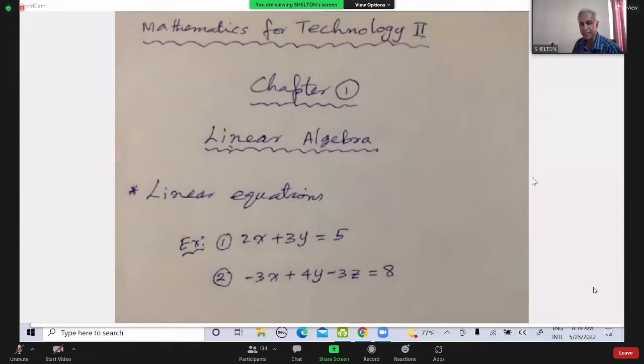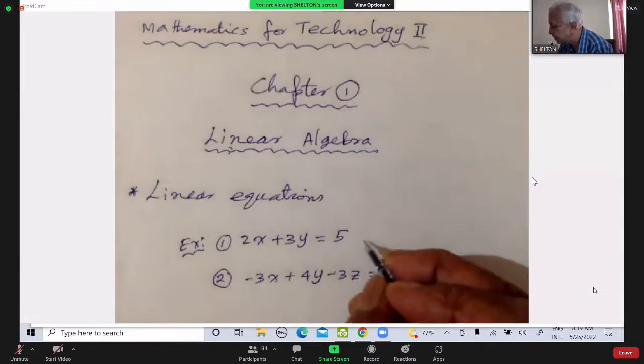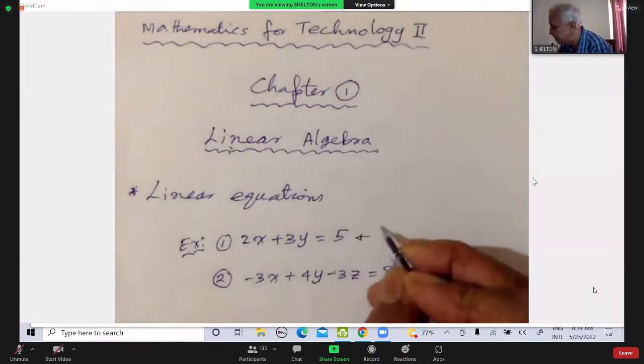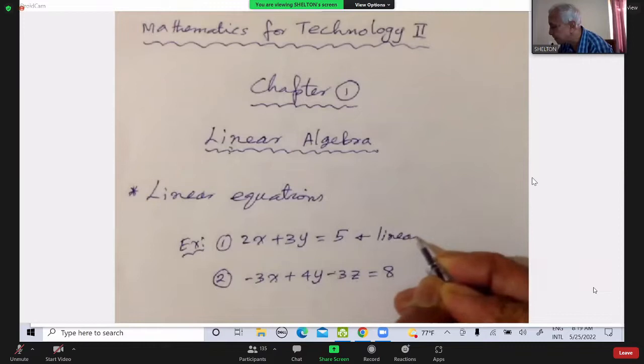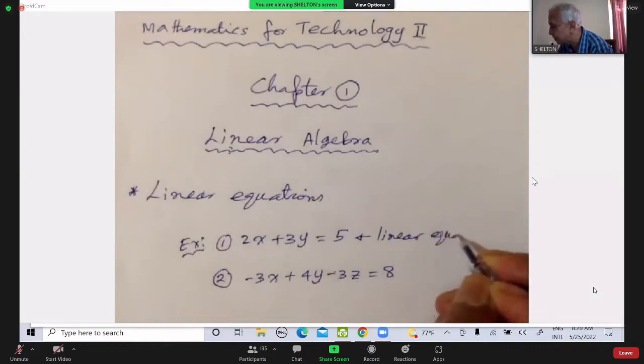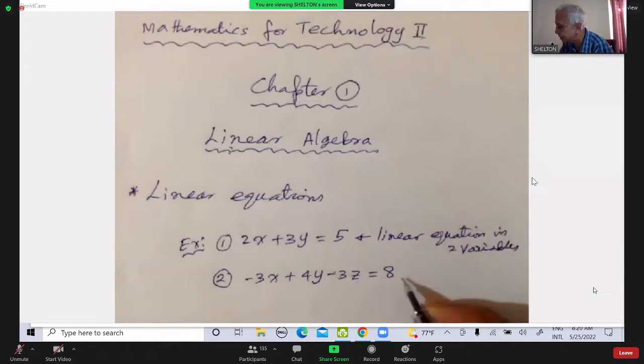The first one is a linear equation in 2 variables. The second one is a linear equation in 3 variables.